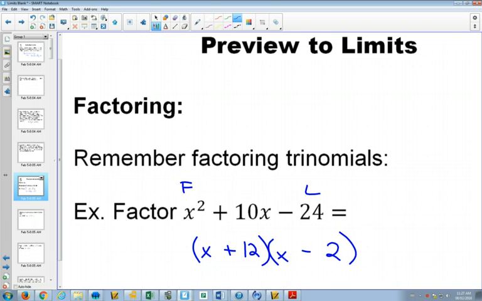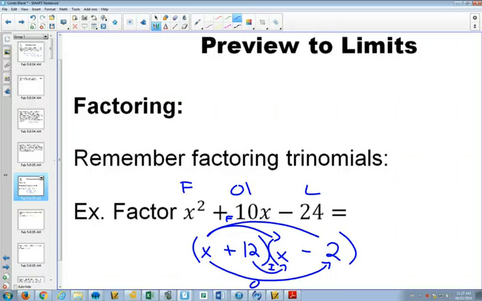This middle one, you know, in English we often use the word FOIL to say you multiplied your first ones, your outside ones, your inside ones, and your last ones. And we use that acronym to help us remember what we're doing.